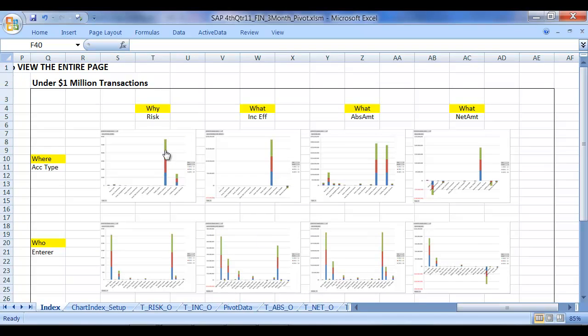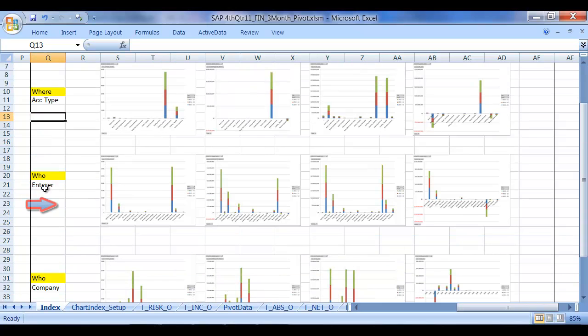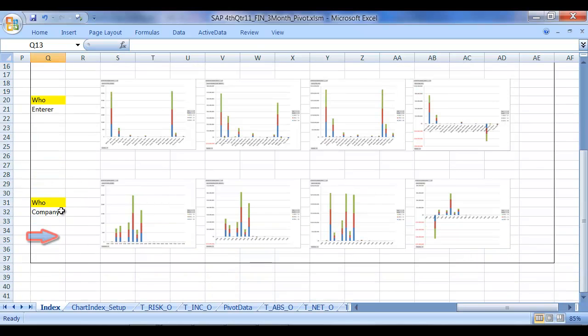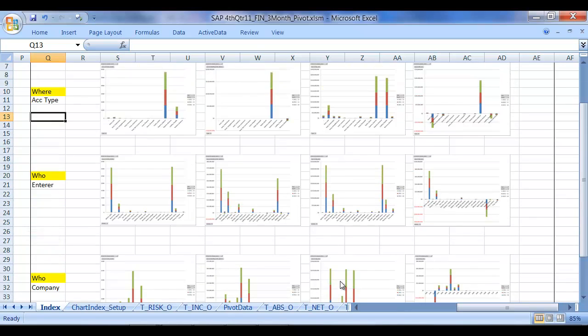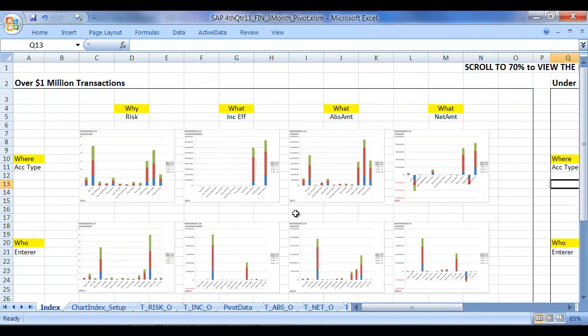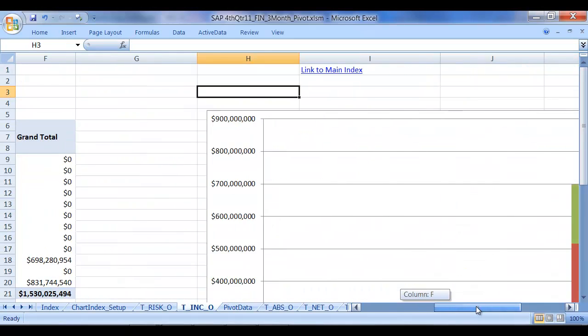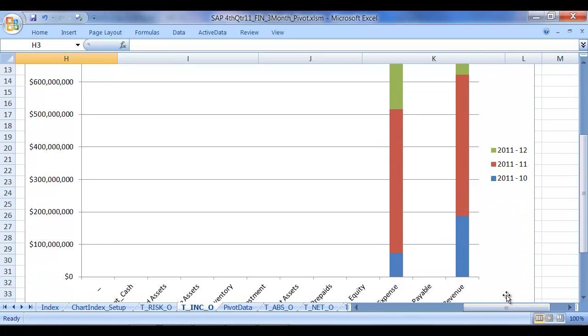So these values, or what we care about, are now summarized by account type, such as asset, liability, etc., enterer, who put the journal entry into the system, and then the company codes. And if you do find a spike within a particular month, in this case we're going to select that one there, it will actually bring you right to that pivot table.